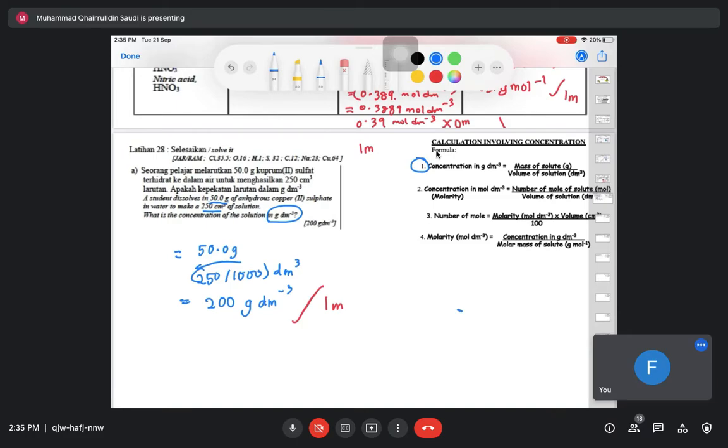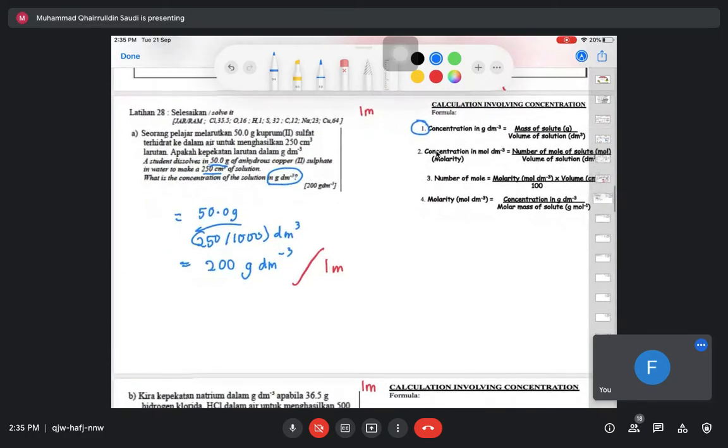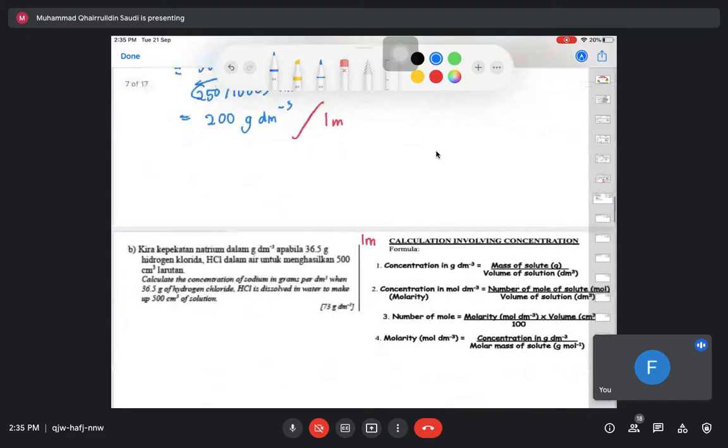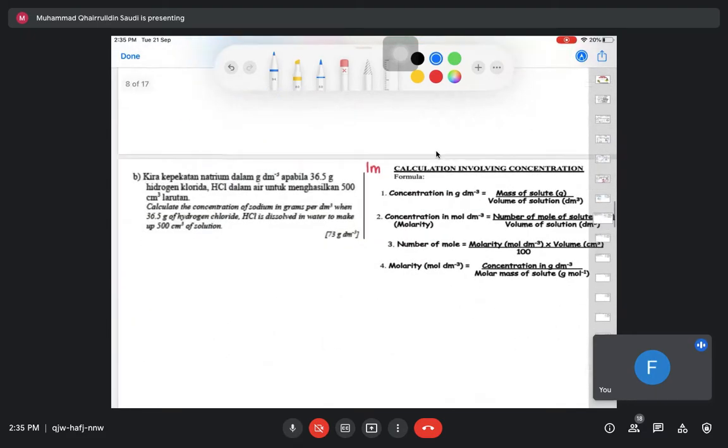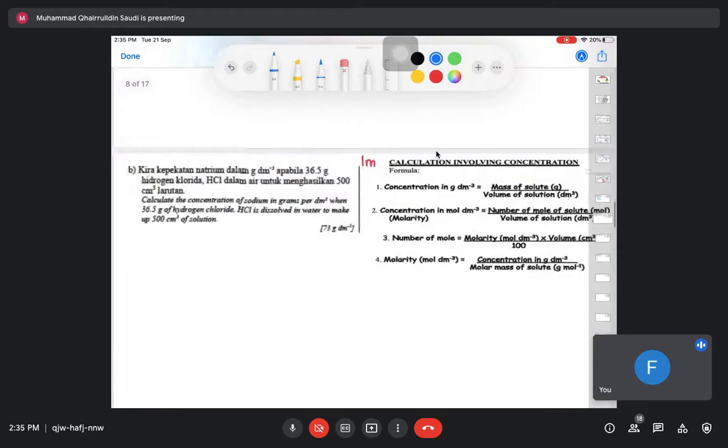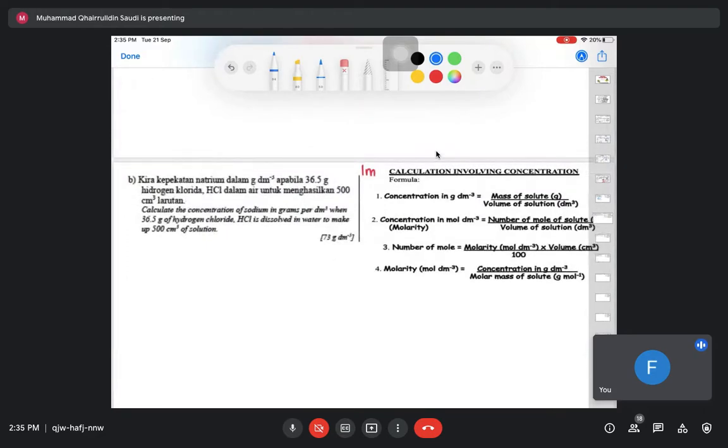Proceed. Okay, next one, B, is also 1 mark. Bila 1 mark ni selalunya senang lah. It is a direct question. So calculate the concentration in gram per dm cube when 36.5 gram of hydrogen chloride is dissolved in water to make 500 cm cube of solution.